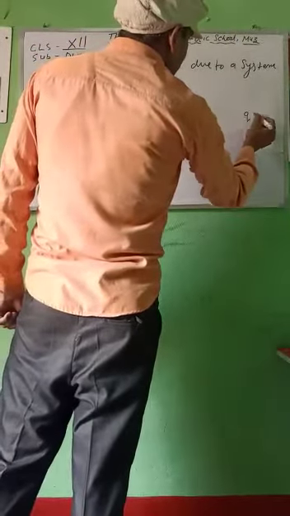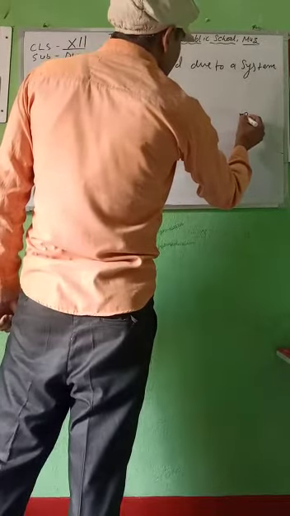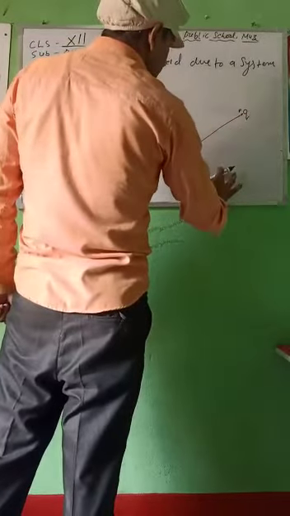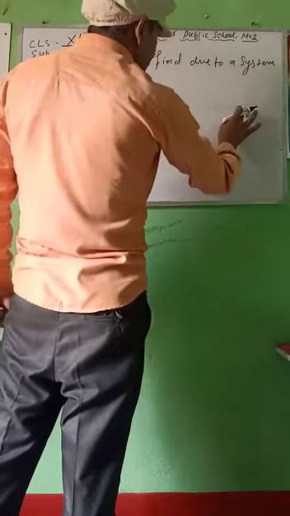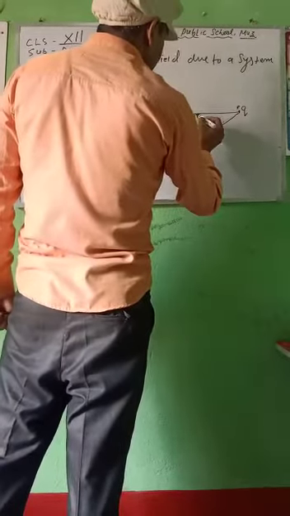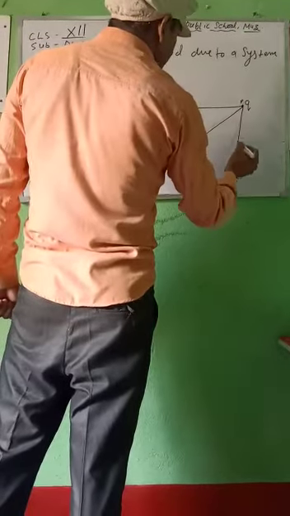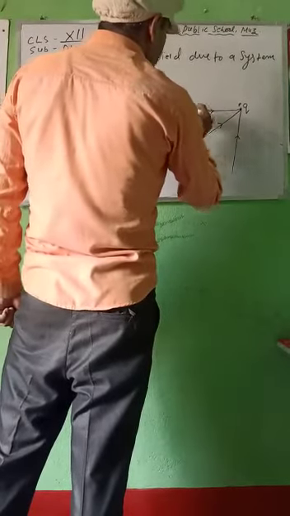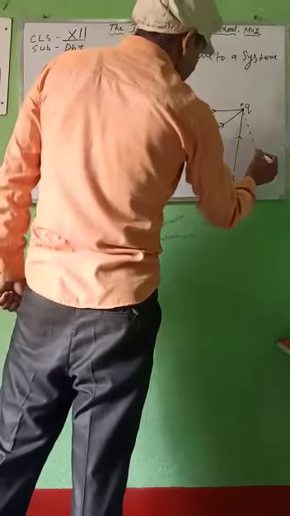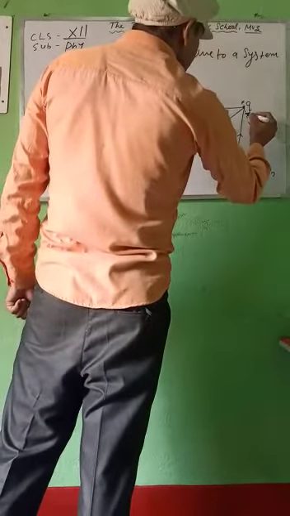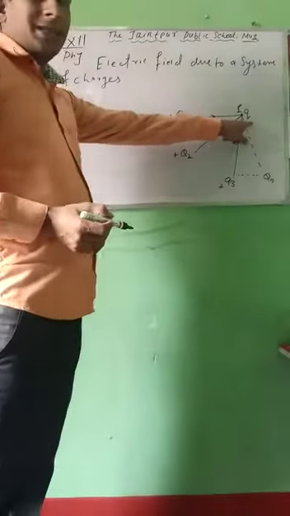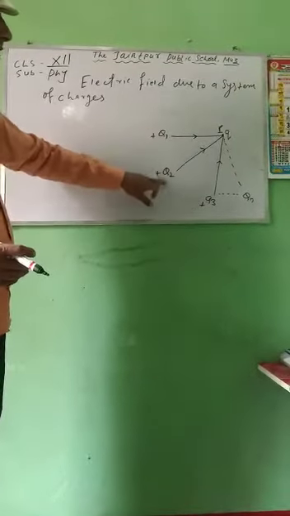Let us suppose that here is a test charge Q at point P, and it is surrounded by many charges, namely Q1, Q2, Q3, plus Qn.